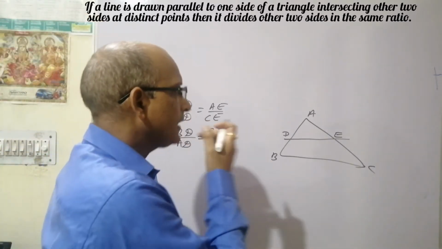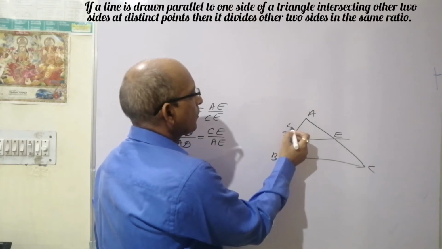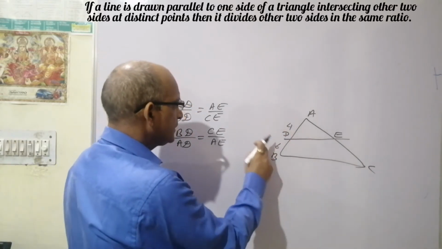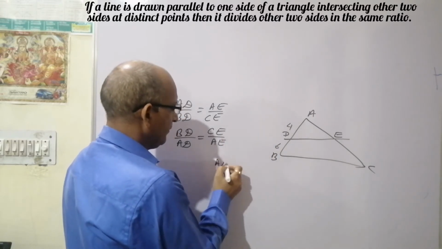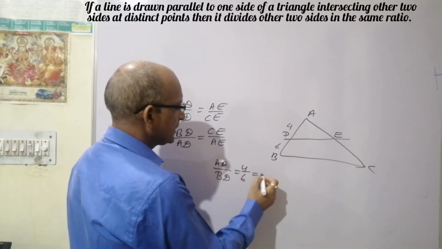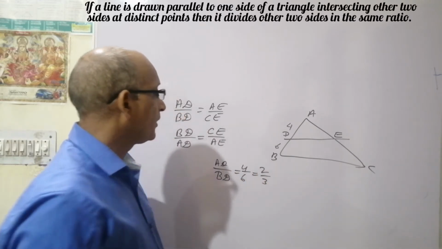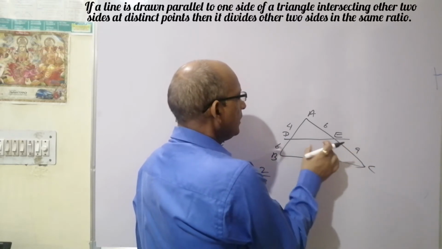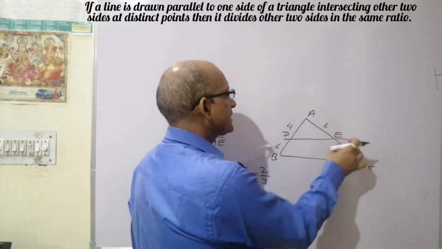Sometimes a question is given like, let's see, this is 4 centimeter and this is 6 centimeter. What is the ratio of these two? AD upon BD will be 4 upon 6. Reduced to the simplest form, we get 2 upon 3. Let's say it is 6 and 9.